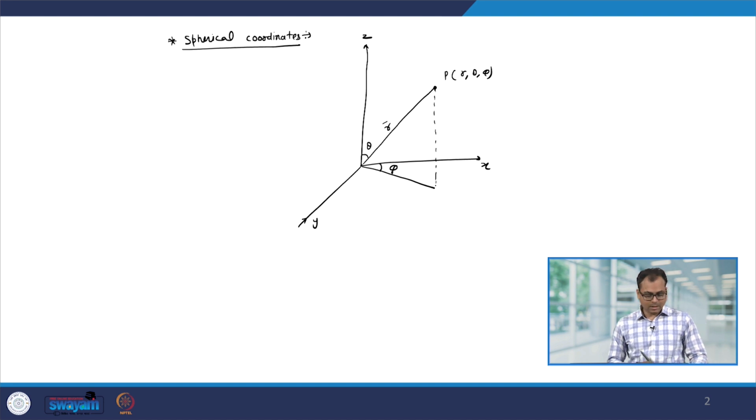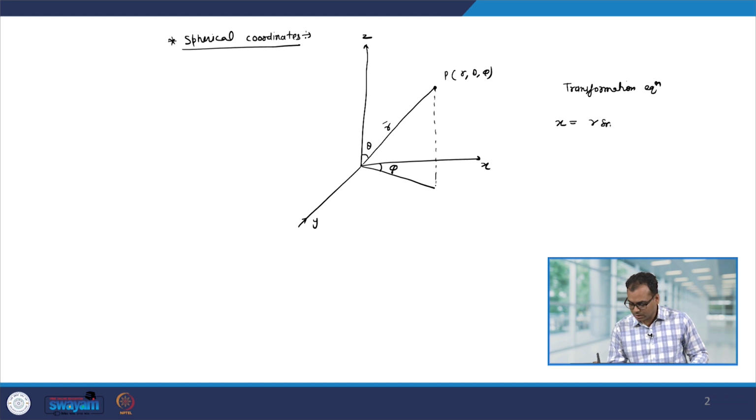Now, let us write down the r, theta and phi in terms of x, y and z, and these are called the transformation equations. So, this is how we can transform from Cartesian coordinate to spherical coordinate. So, x is equal to, you can see the figure, x is the projection of r on the x y plane.